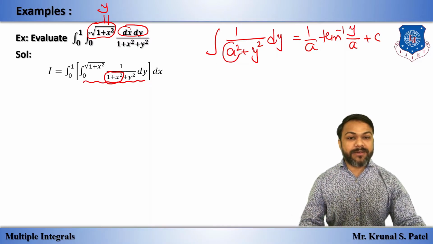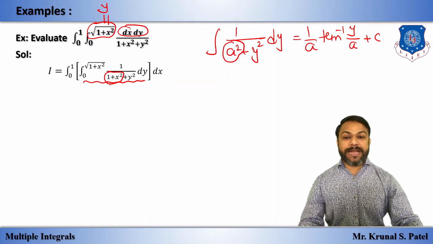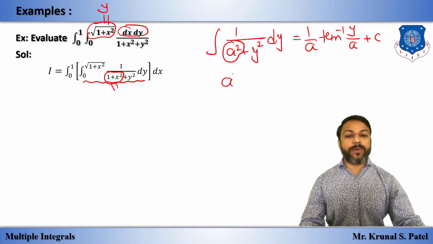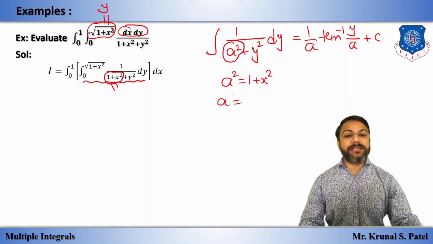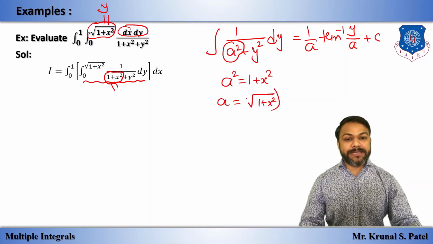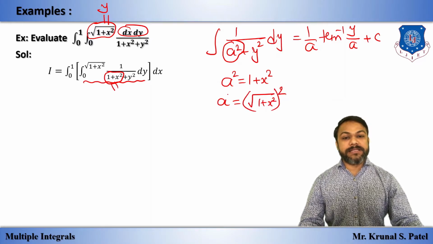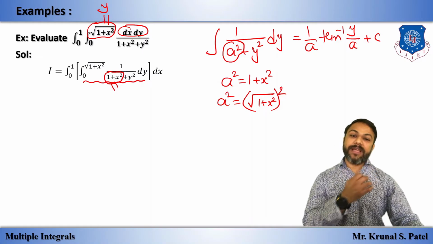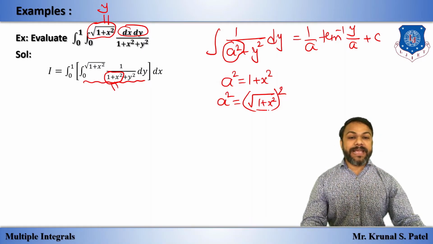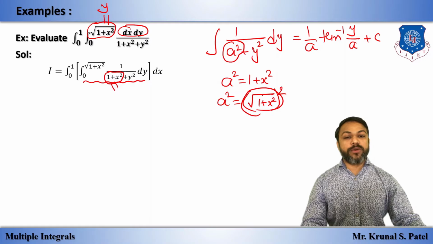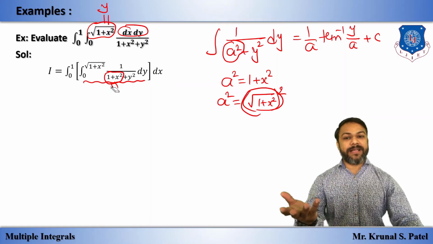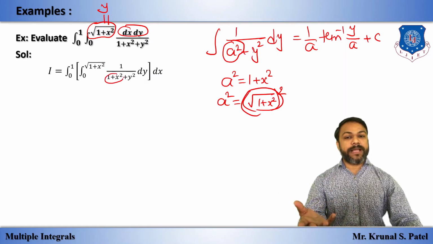Now this entire term is a square, so a square is 1 plus x square, so a is under root 1 plus x square. We can write it as this whole square is equal to a square; root and square cancel, so we again get 1 plus x square.